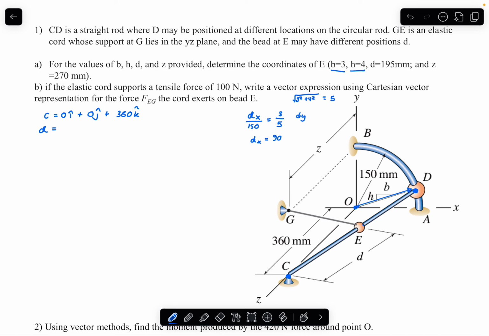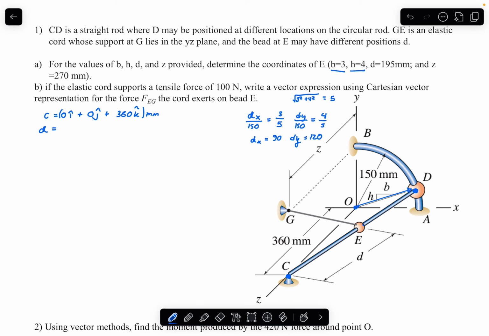Then we have dy is 150 times 4 over 5. And dy is going to equal 120. And these are all in millimeters. So make sure you include your units.